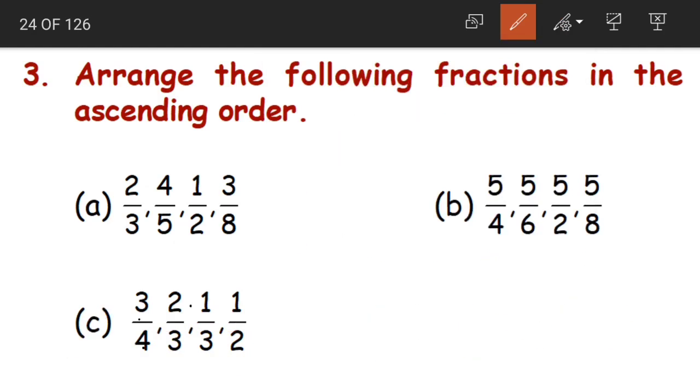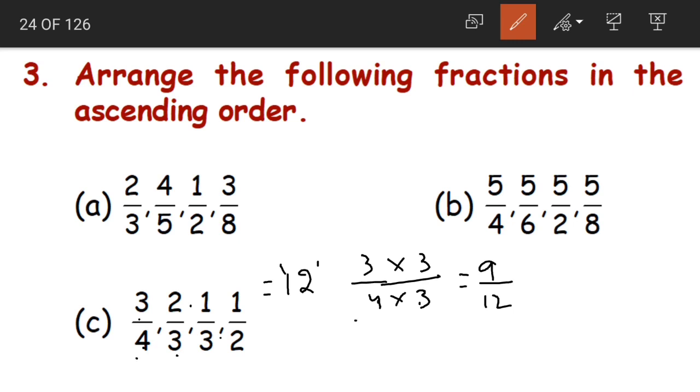Yes, now we need to express these fractions with 12 as their common denominator. The first one is 3 by 4. It will be 3 by 4 into 3 by 3. Yes, 4 3s become 12, 3 3s are 9. Then we have 2 by 3. We have 3 4s are 12.